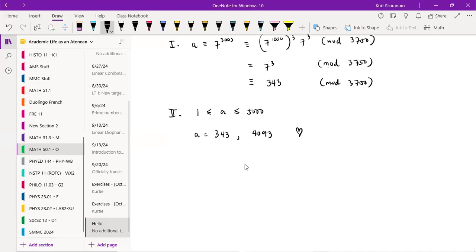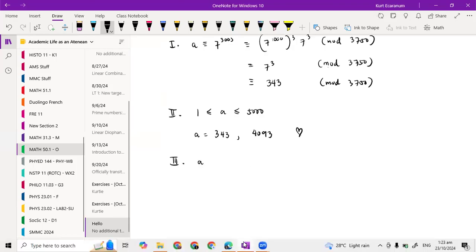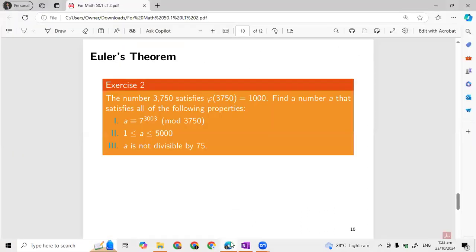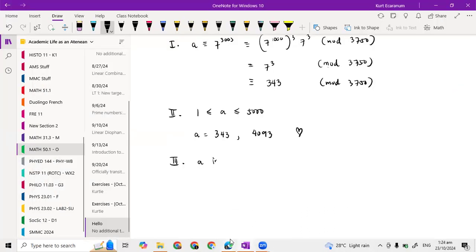So A, the problem says, is not divisible by 75. So are there any of the values that is divisible by 75? You can just do straight division for that.